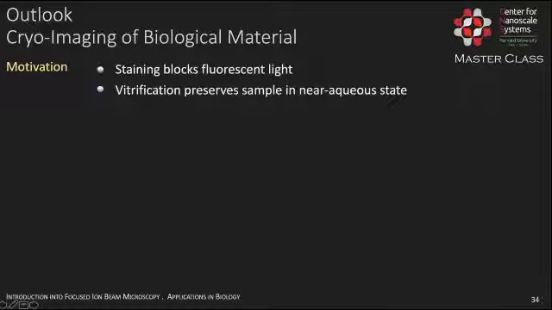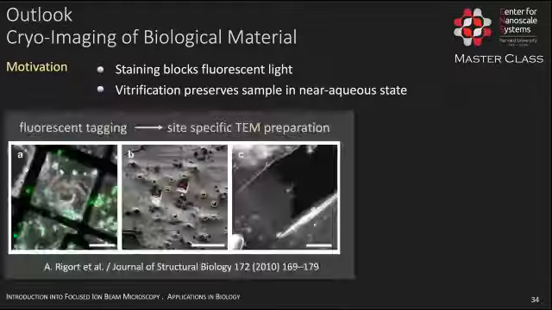And the other aspect is sample preparation, dehydration, staining is changing your sample to some extent, and there are cases where it might actually render the information useless. So biologists like to vitrify samples to keep the sample in a state that is closer to the aqueous state.